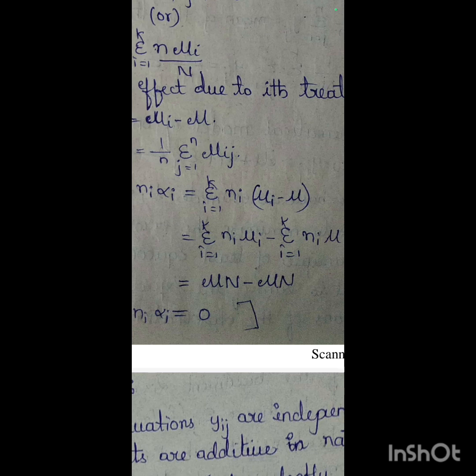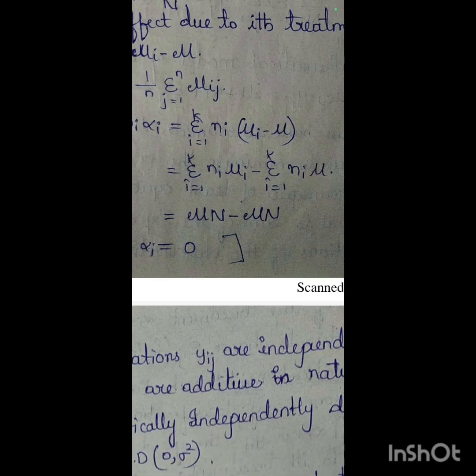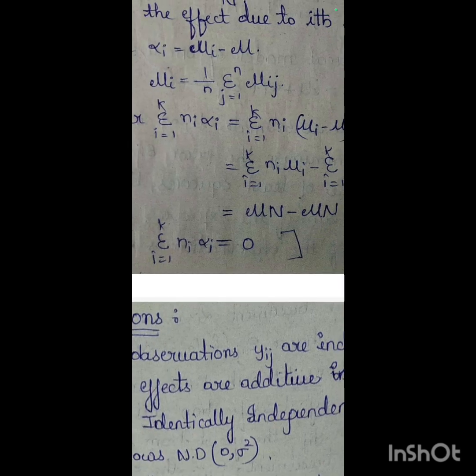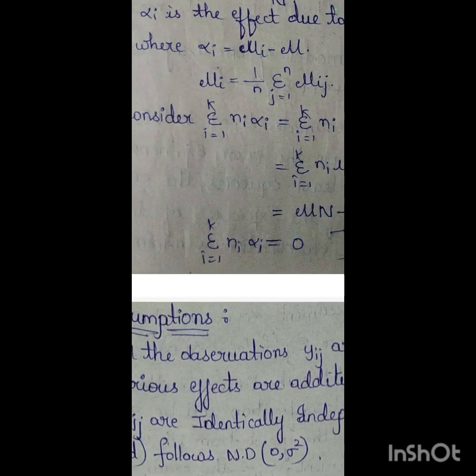Applying this to both terms, summation n_i mu i minus summation n_i mu, both will be the same, that is mu into N minus mu into N. So in the derivation, the summation i from 1 to k of n_i alpha i will be 0.